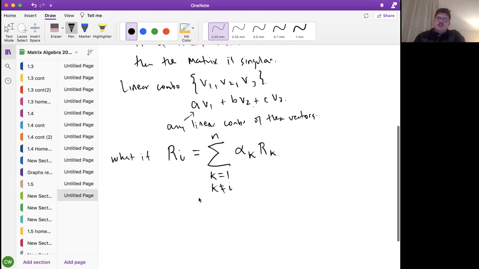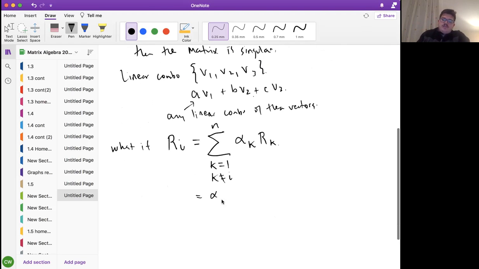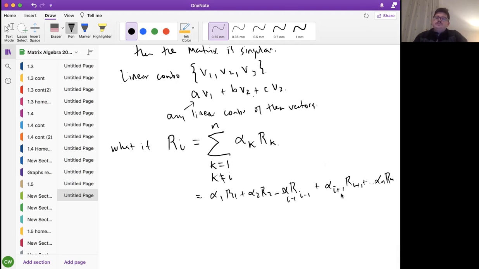Do you agree with that? So it's like alpha 1 row 1 plus alpha 2 row 2, I'm skipping over I, alpha I minus 1, and alpha n row n. You see how that's a linear combination expressed as a sum?